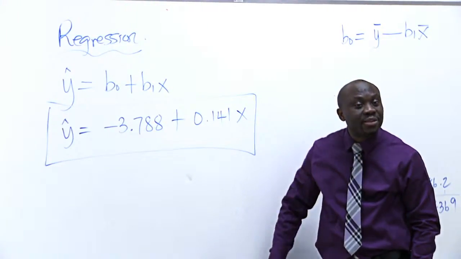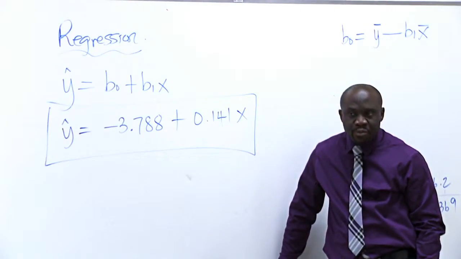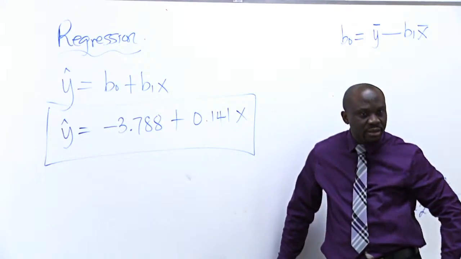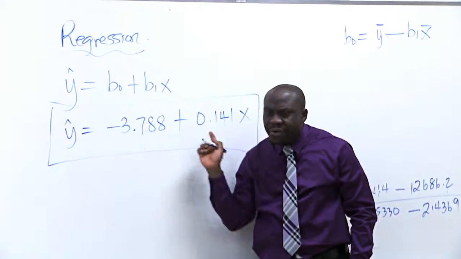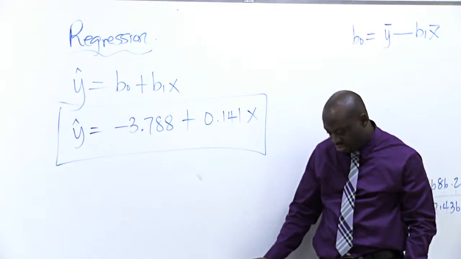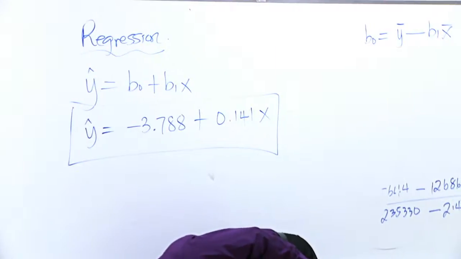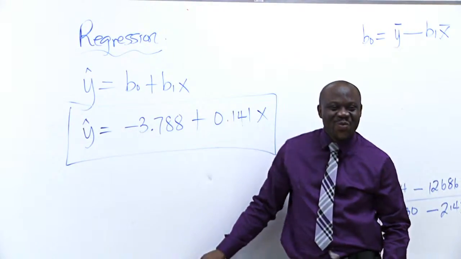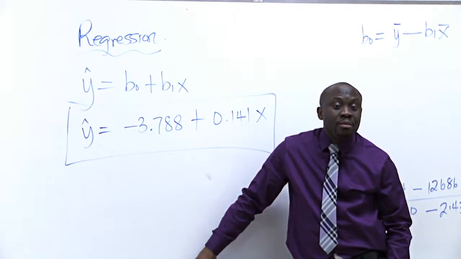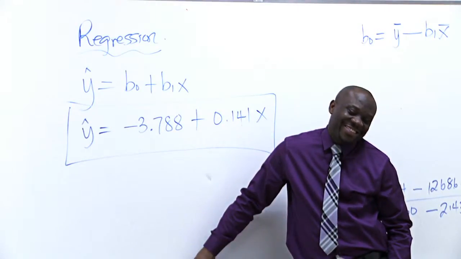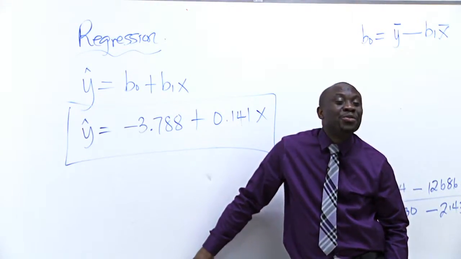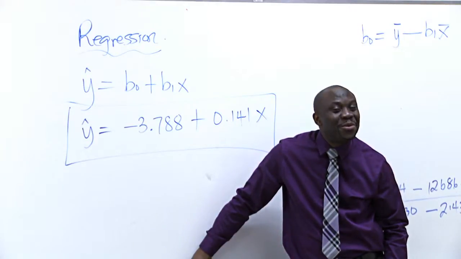So let's go to number 6. What does it say? Predict the savings. So, which of the variables represent the savings? You go back to the original table.